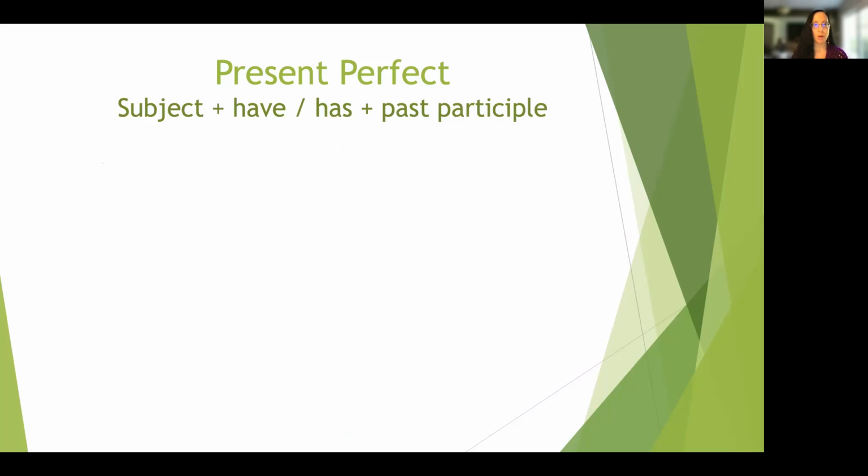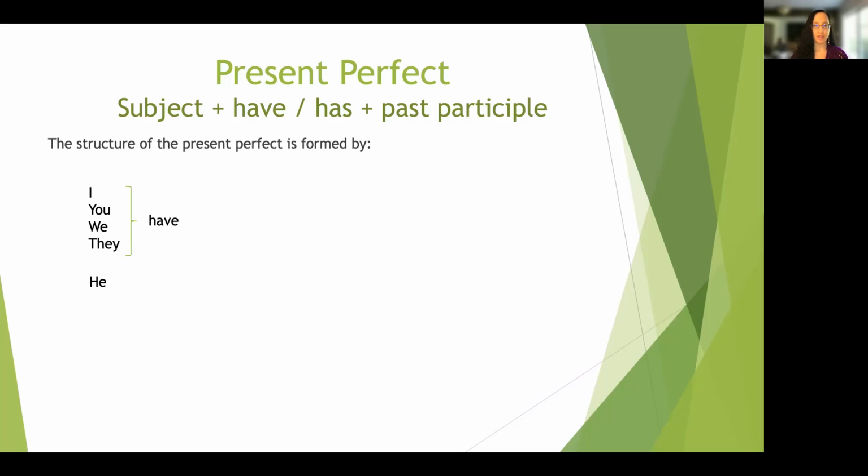Now, a little bit more on present perfect because we want to get this just right. The structure of the present perfect is formed by, for example, you have your pronouns I, you, we, they. Remember your structure. So you're not going to say I has, you're going to say I have, you have, we have, they have.